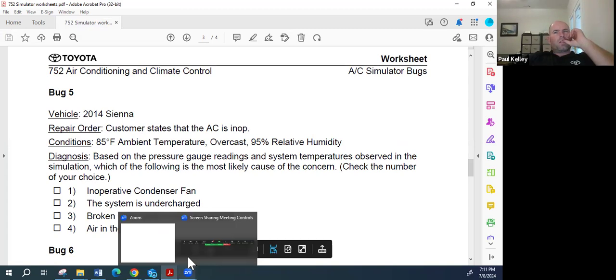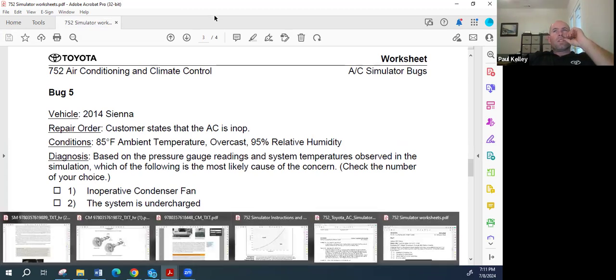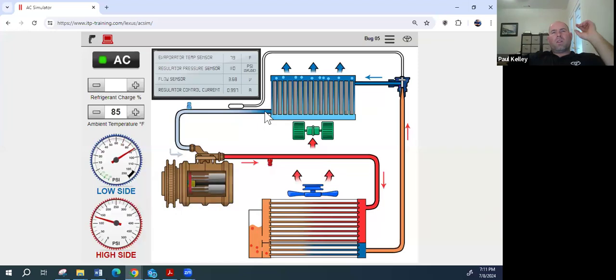Both of those are kind of interesting, so let's jump back to it. Remember, I told you what air in the system would do, but air in the system doesn't normally cause as much of an issue on the low side. It's kind of like your tires. You jump in the car and your tires are at 32, and then you get on the freeway and they're at 39. That's because there's moisture in the system.